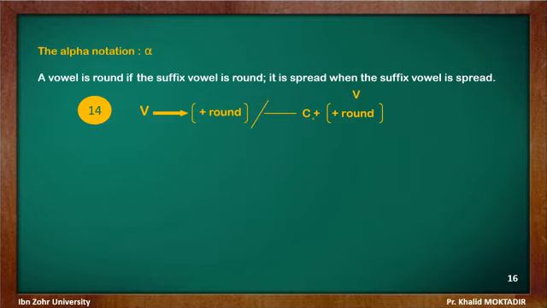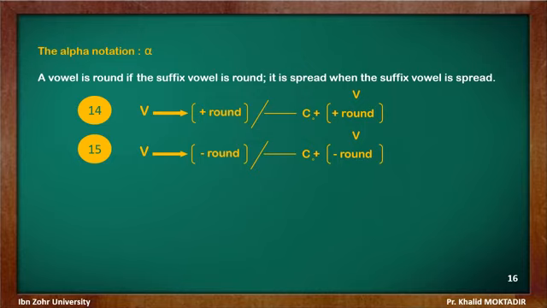Let's take an example. A vowel is round if the suffix vowel is round. That is, the stem vowel is plus round if the suffix vowel is plus round. It is minus round if the suffix vowel is minus round.